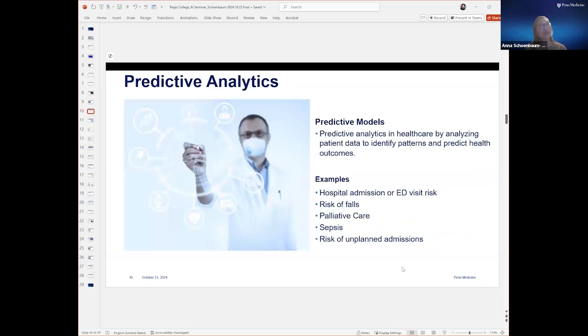Some other areas regarding predictive models, and these are some that we are entertaining or have implemented at Penn Medicine, whether they're vendor models or custom, look at whether we can detect patients that may be at risk for ED admission.